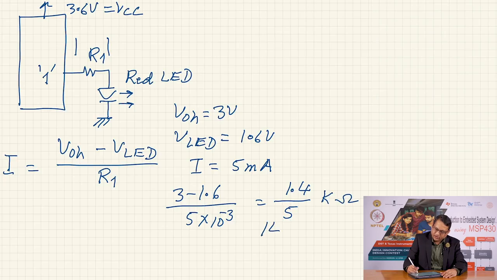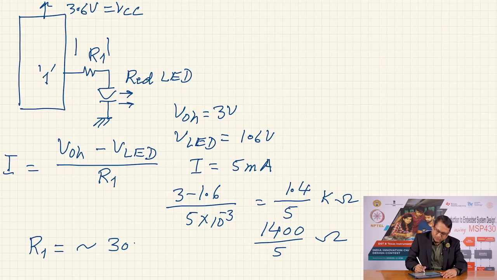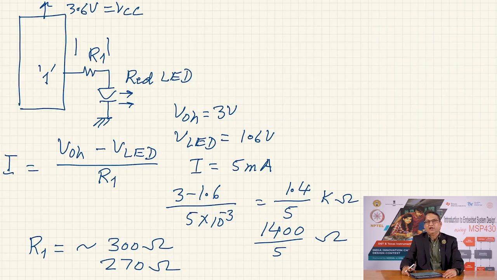So this is 1400 divided by 5 ohm, and this is roughly R1 equal to roughly 300 ohm, and you can safely use a standard value of 270 ohms in this case to allow about 5 milliamperes of current through the LED.